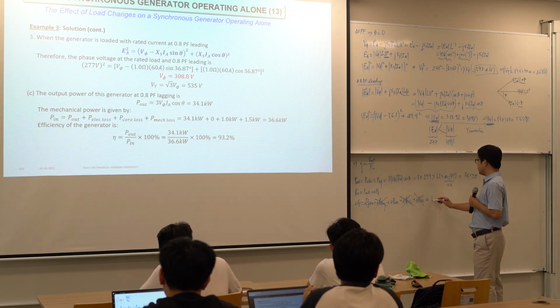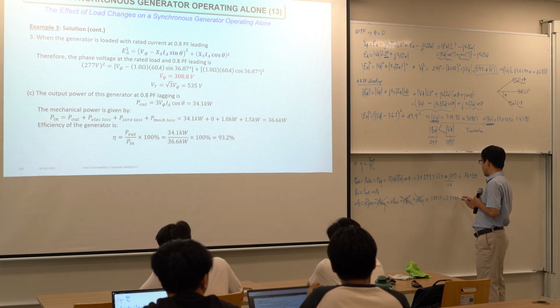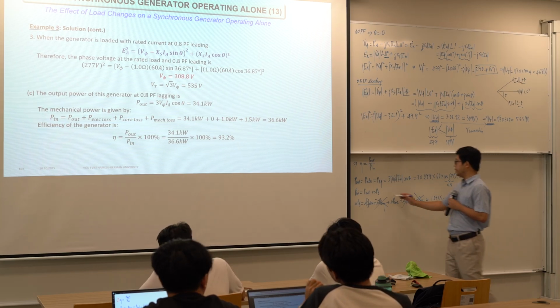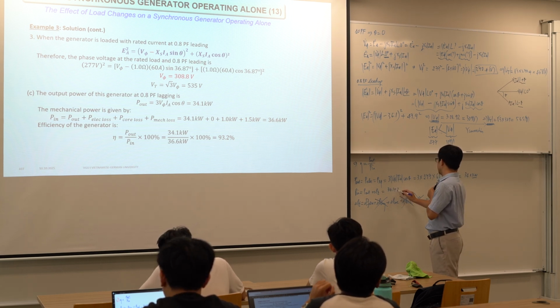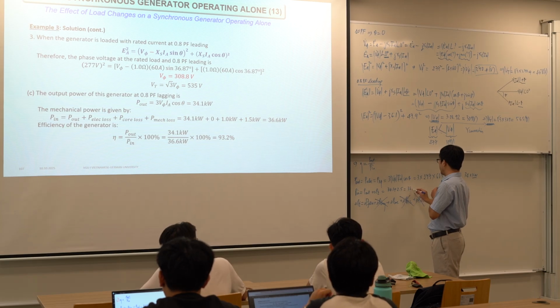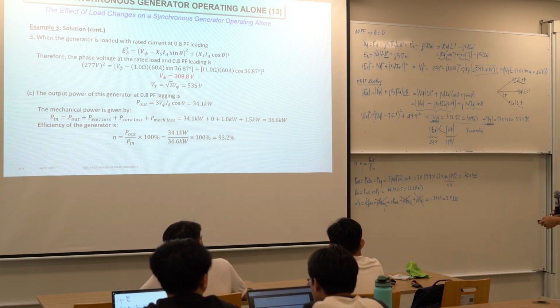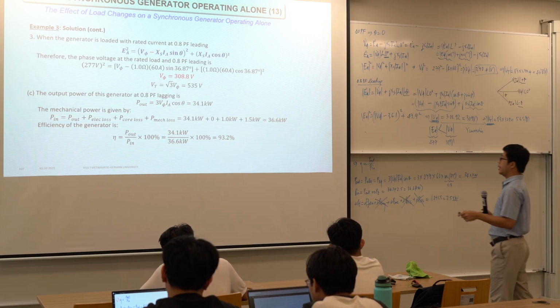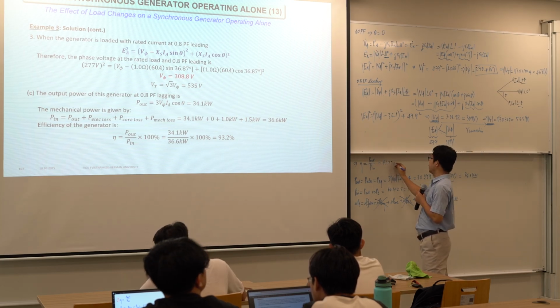That means you get 1.0 plus 1.5, you get 2.5 kilowatt. And then you can get P in: 34.1 plus 2.5, so you get 36.6 kilowatts. So you can get efficiency, and efficiency will be 93.2%.